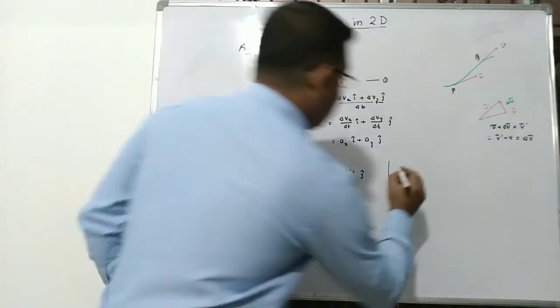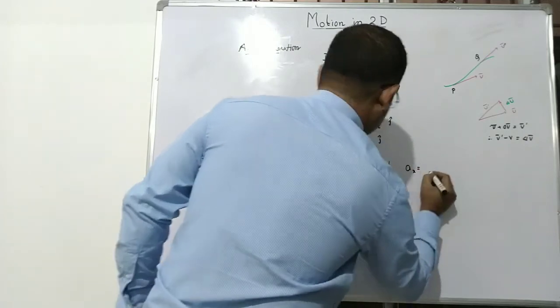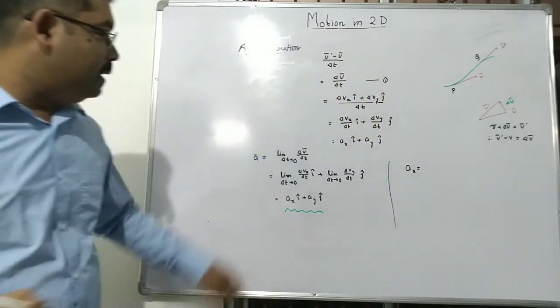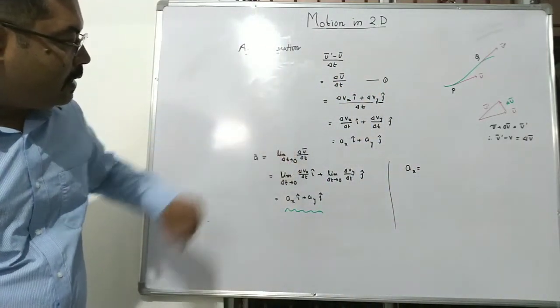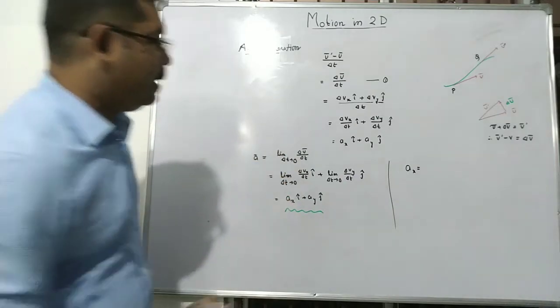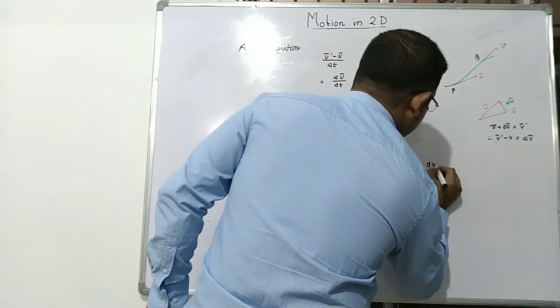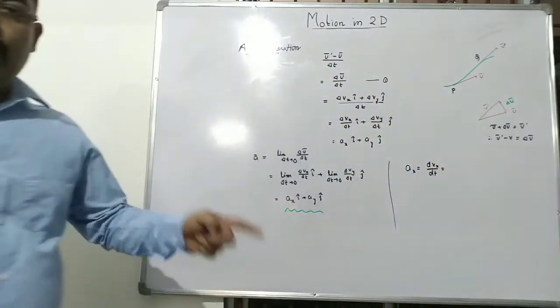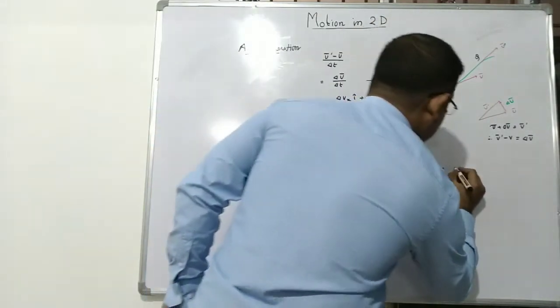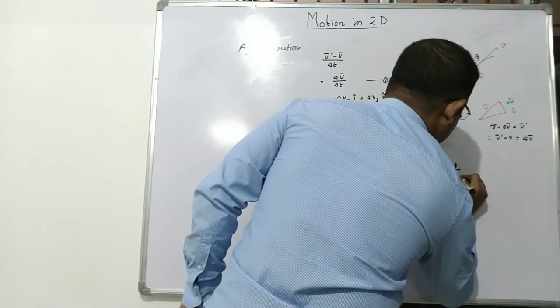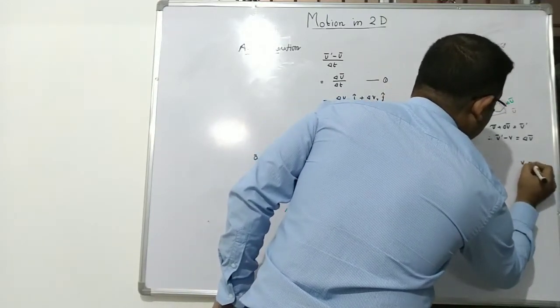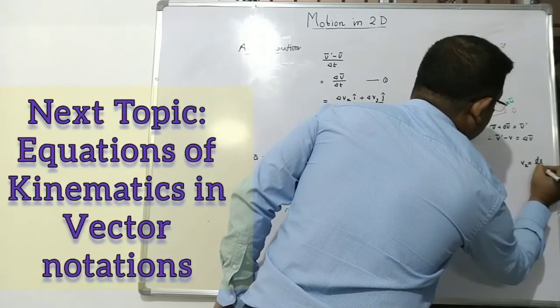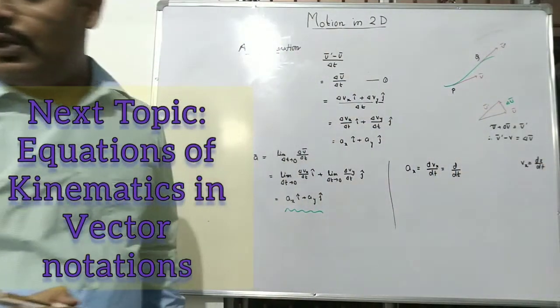Limit delta Vx by delta t is dVx by dt. However, if you remember a little while earlier, we found that Vx was dx by dt, the position.